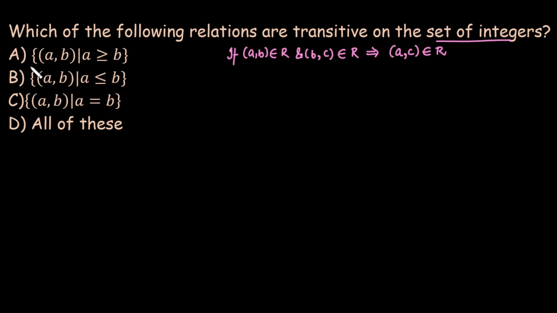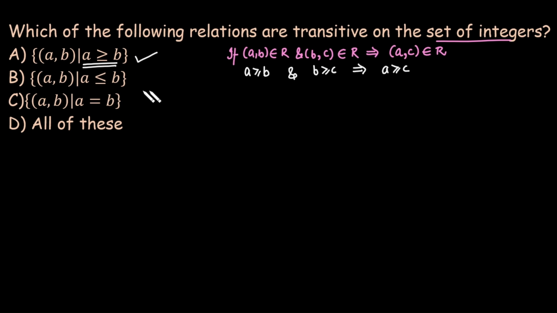For the first option, we take the ordered pairs such that A is greater than or equal to B, and B is greater than or equal to C. Does this combine to imply A is greater than or equal to C? Yes. So this is a transitive relation.